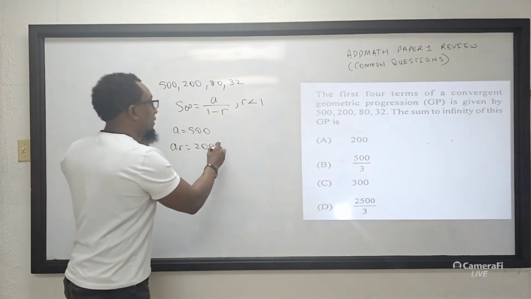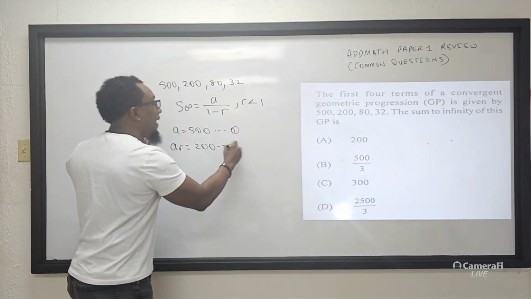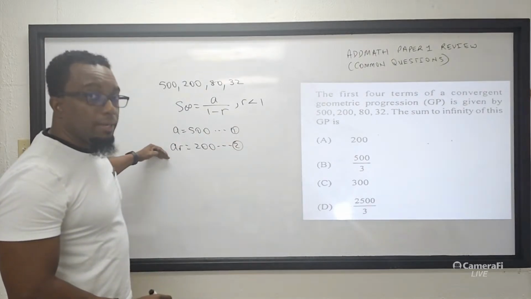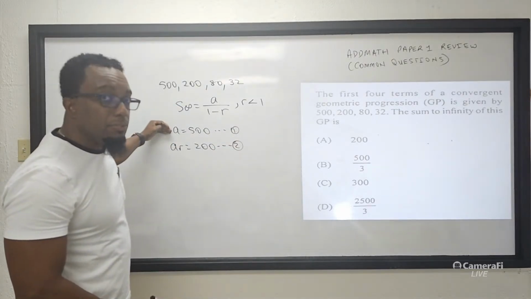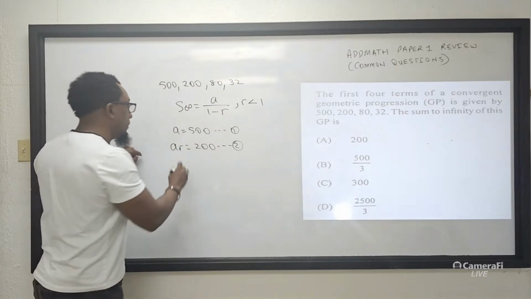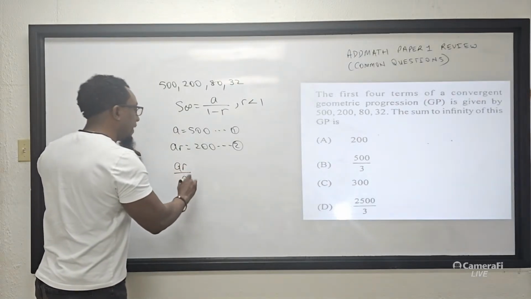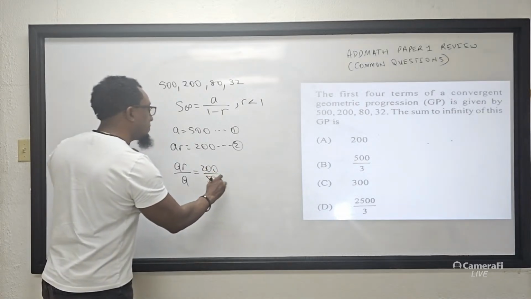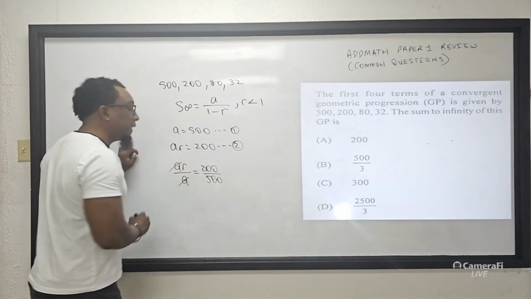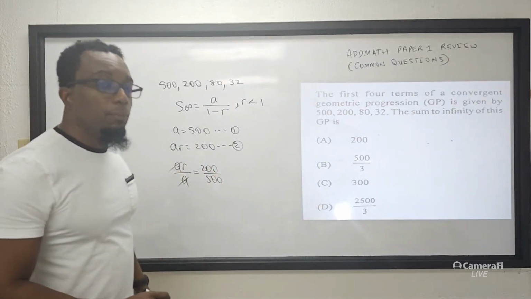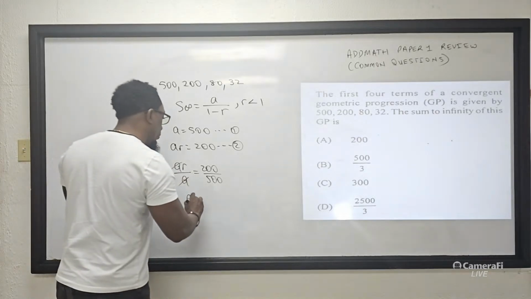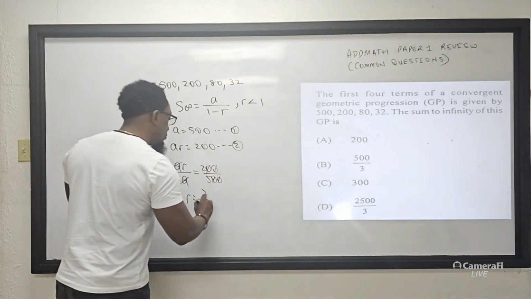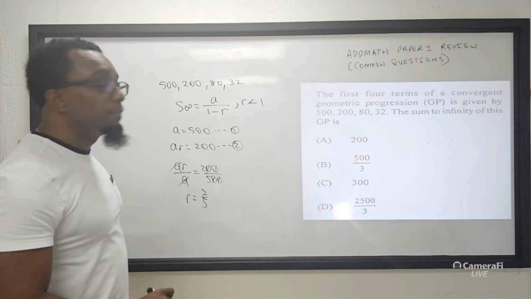So we're going to divide my current by my previous. So the current here will be AR divided by the previous, which is A, and this is 200 divided by 500. So when those two A's divided each other to give 1, I'm left with the common ratio, which is 2/5.